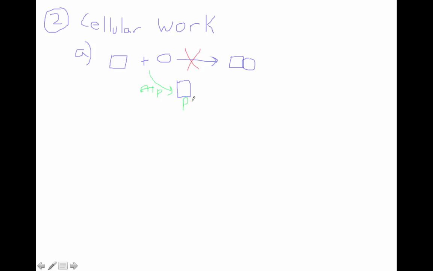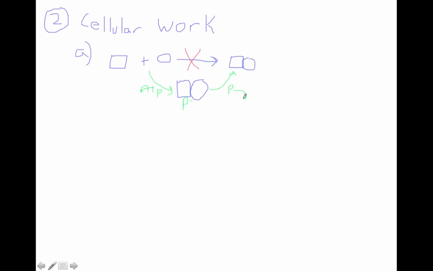You could have a change in charge. In fact, you'll certainly have a change in charge because the phosphate has a negative charge on it. But it could also change the shape of this protein a little bit. Both changing the charge and the shape of this protein, in this made-up example, will facilitate this square substrate binding to the circle one with the phosphate attached to it. And now we can generate our desired product of the square and the circle combined. The phosphate is also at some point going to probably be lost as well.